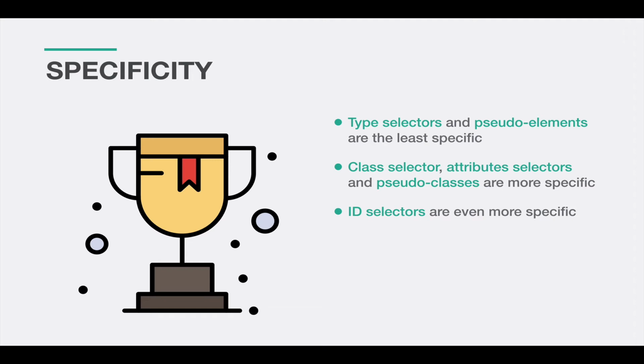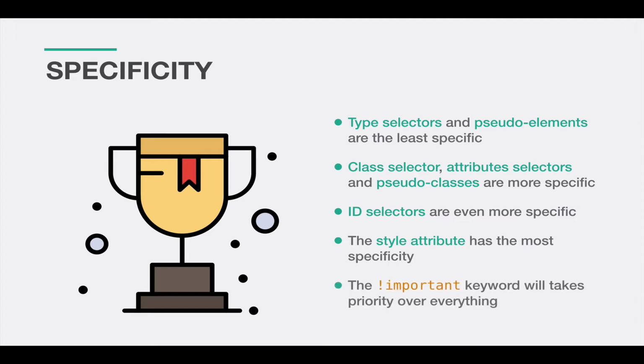Then we have our ID selectors. And lastly, we have the inline style attribute inside your HTML. Those are even more specific, okay? And will override any of the others. Of course, if you use the important keyword, that takes priority over everything. That's why it's generally discouraged to use this keyword, unless it's absolutely necessary.